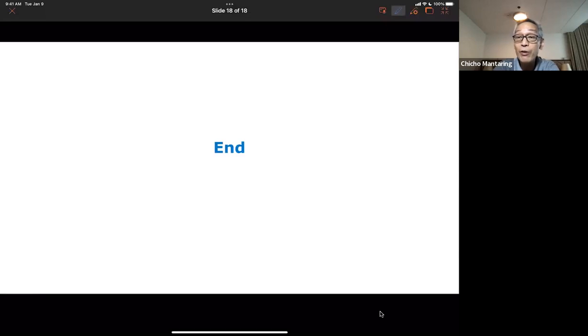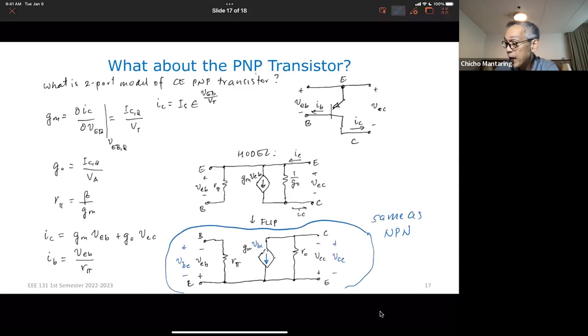Because you will have a new network. When you start adding components, you're going to have a new network, and you're going to have to compute the parameters, the two-port network parameters of that new network. But at least you have a baseline to work with, and the baseline is your transistor two-port network equivalent.